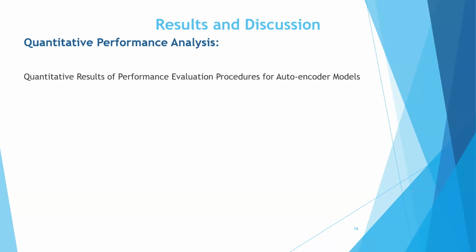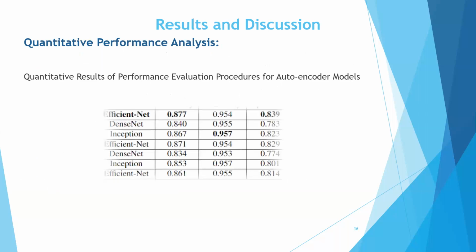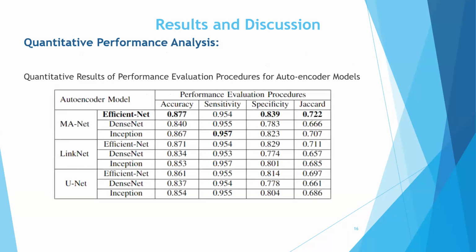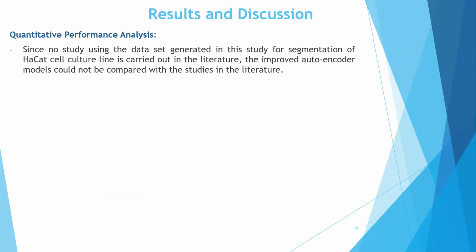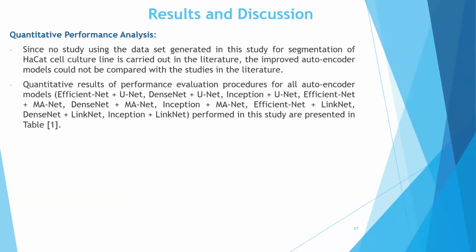Quantitative performance analysis. No study using the dataset generated in this study for segmentation of HaCaT cell culture line has been carried out in the literature. The improved autoencoder models could not be compared with studies in the literature.